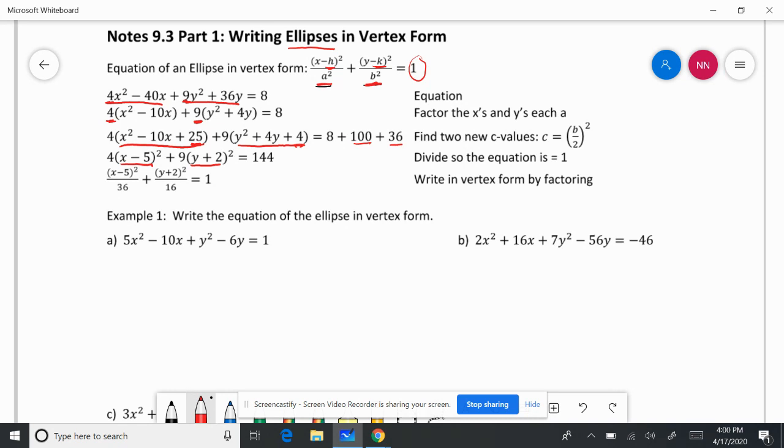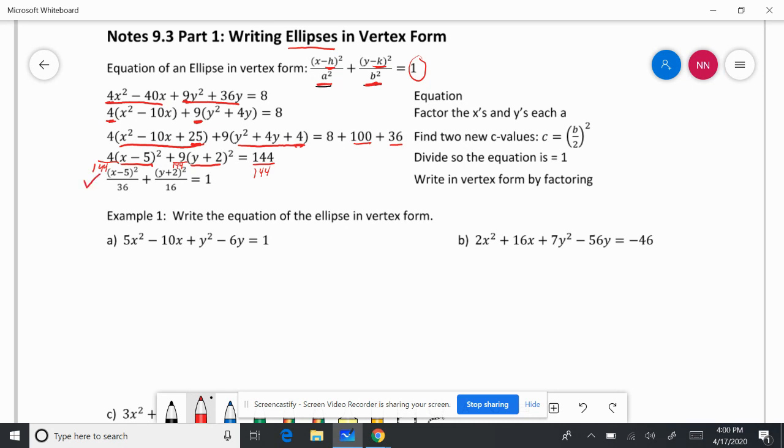We're not setting it equal to 144. We're going to divide each side by 144. When we do that, 4 divided by 144 gives us 36, and 9 divided by 144 gives us 16. And that gives us our ellipse in standard form.